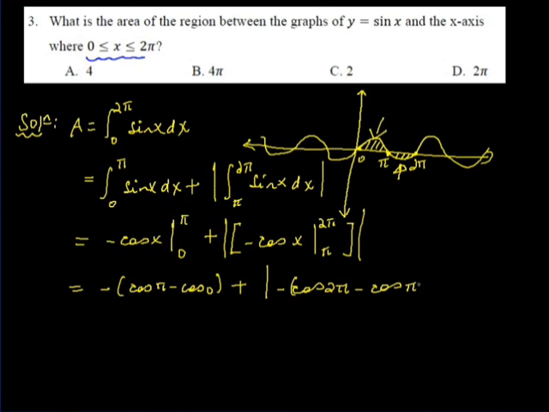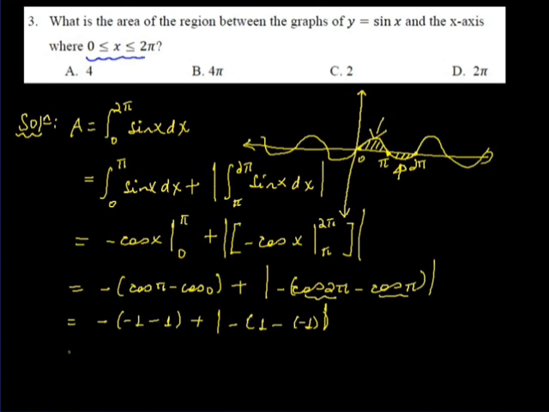So cos pi is negative 1 and cos 0 is 1, plus in the absolute value cos 2 pi is negative 1 and cos pi is negative 1.